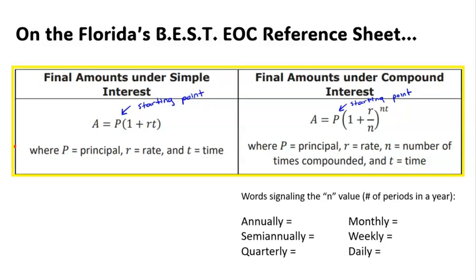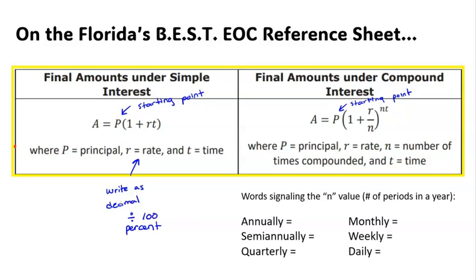Now for the rate. You want to make sure that you write it as a decimal. It's usually going to be a percent in the scenario or inside the word problem. And if you're not sure how to write a percent as a decimal, just remember that percent, per means divide, and then cent means 100.